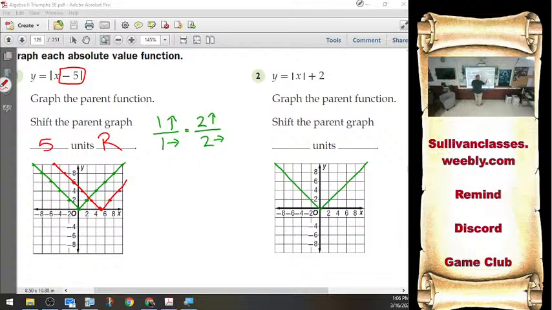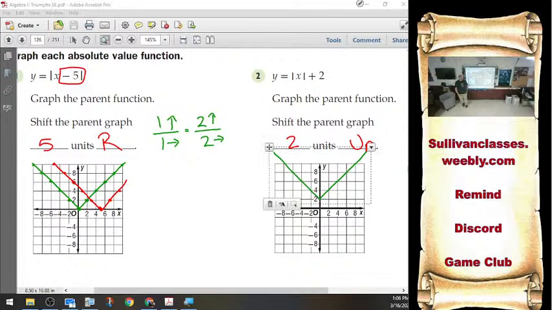If you know that this thing is going to be 2 units up, because it's a 2 outside, you can just graph your V right there. Okay? In fact, these two want us to graph the parent function and then move it, but if you're cool just graphing it there, I'm fine with that. Okay?